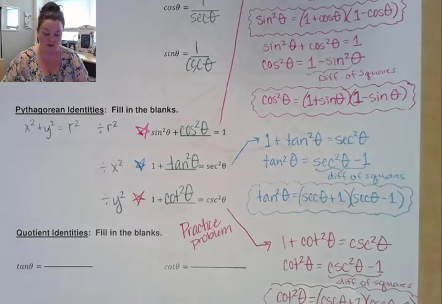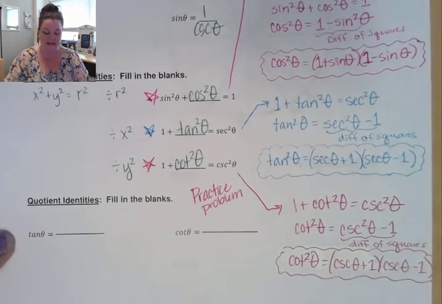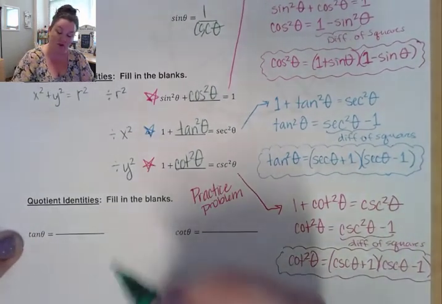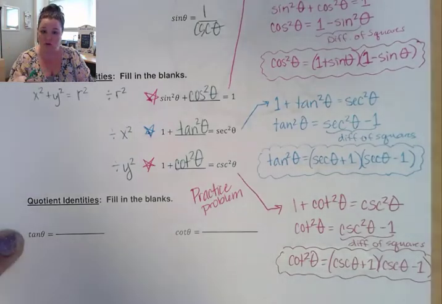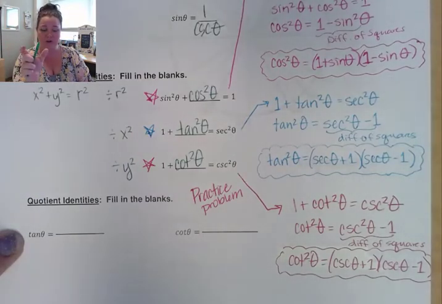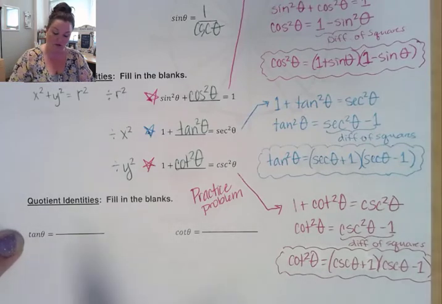Okay. The other 2 are our quotient identities, which we roughly touched on. Tangent, remember, we can use just the ratio. Tangent, normally we use y over x, right? And when we use the unit circle, remember, our y value just becomes sine, and our x value just becomes the cosine value.